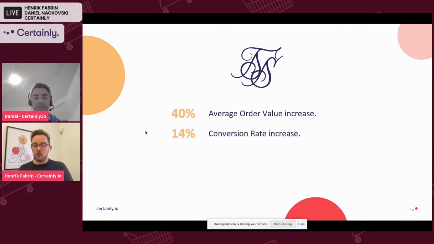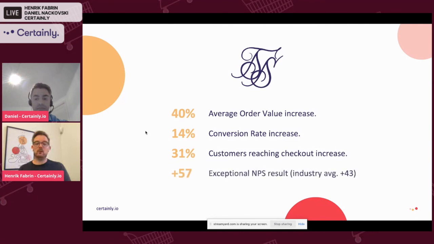They've seen an overall 14% conversion rate increase, and 31% more customers reaching the actual checkout, which is very important for them as well, being a young brand. And using ticket deflection as well, they've reached an exceptional NPS of 57%, which is well above the industry average.